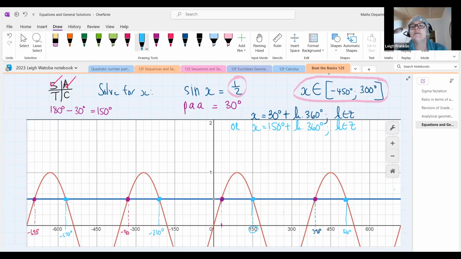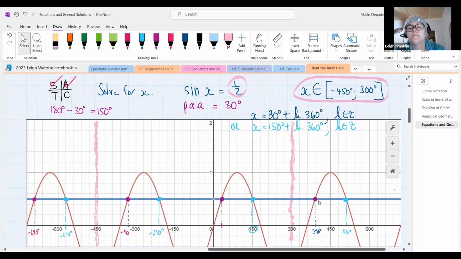So this x is an element of minus 450 to 300. It's giving you a barrier. There's the lower end. Can't be smaller than here. And here can't be bigger than there.